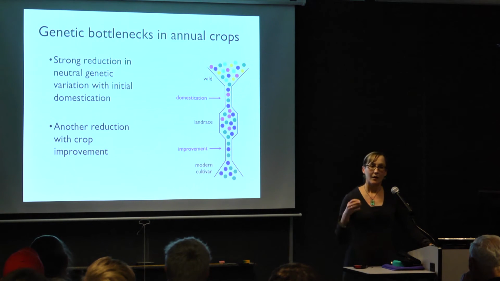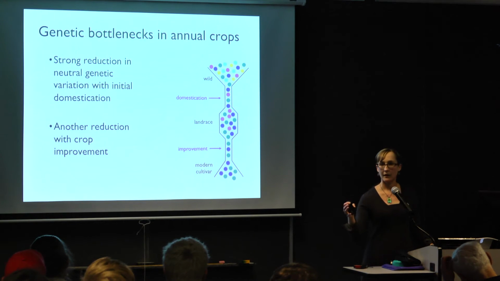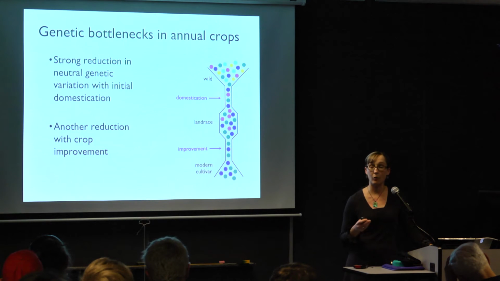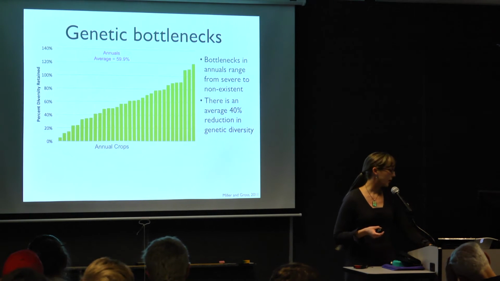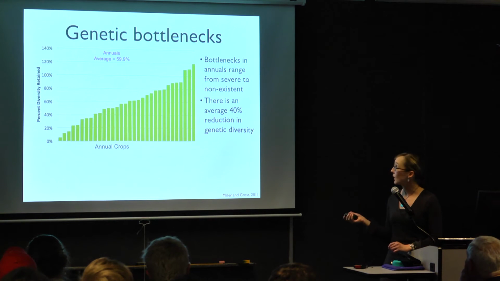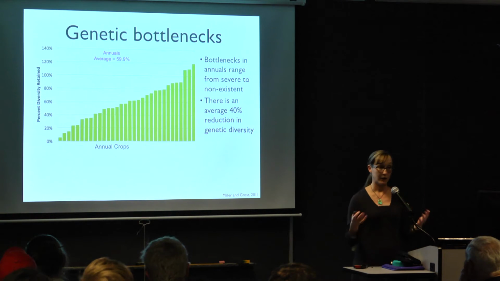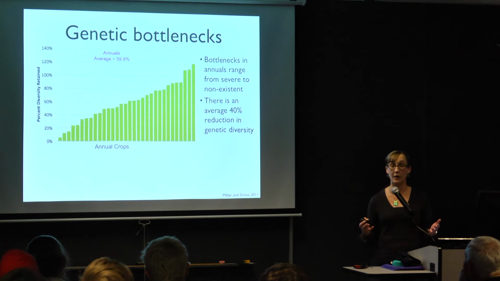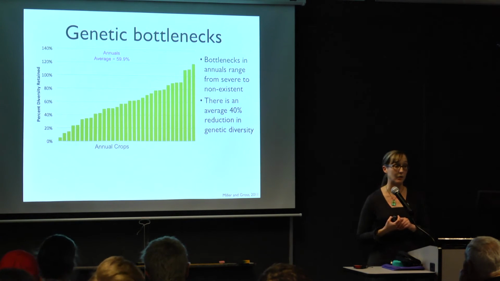So we know there's genetic bottlenecks, everybody knows this, but as I started to get into the literature, I found that people had these estimates of the severity of genetic bottlenecks that I didn't know if they were real or not. So when I got a chance to work on a paper dealing with domestication with my colleague Allison Miller, I took it as an opportunity to really survey the literature and see the severity of a genetic bottleneck in an annual crop.